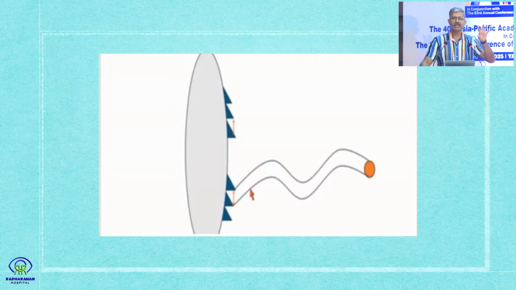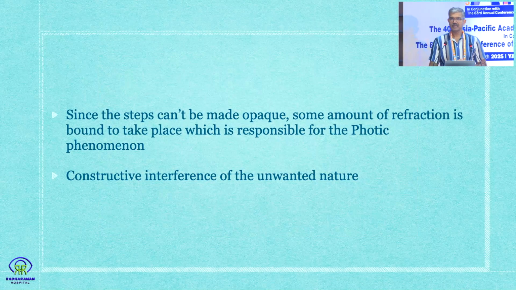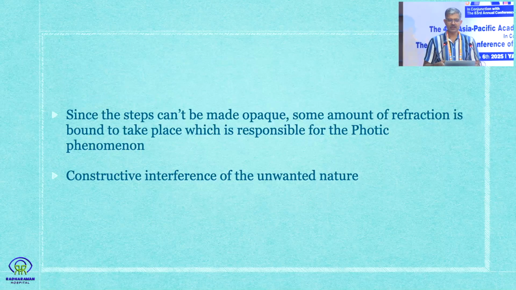In other words, an integer of one. If they're spaced 1.5 wavelengths apart, then the crest of one wave will collide with the trough of the other wave. Okay, so they have to be integers of one. That is how a bright focus is produced on the focus side. Now, since the steps of the diffractive IOLs cannot be made opaque, it is imperative that some amount of refraction also would take place, which actually leads to the photic phenomena that all the trifocals are associated with, in association with the destructive interference as well.